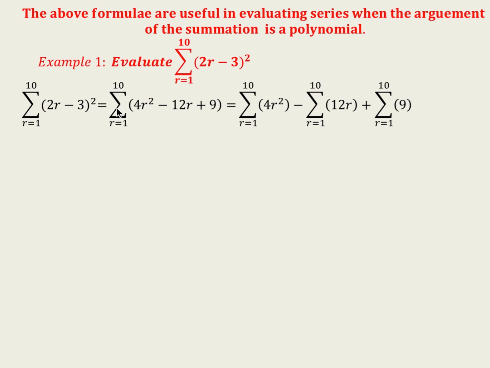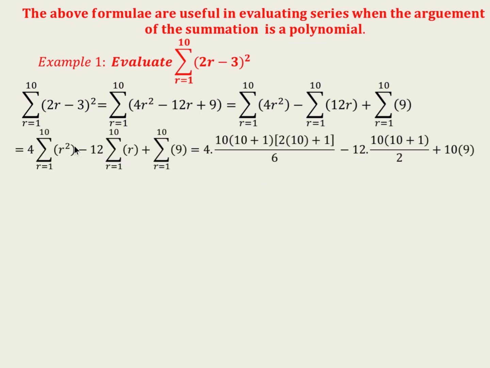And so we'll distribute the sigma notation to each of these terms so that we get summation from r equals 1 to 10 of 4r squared minus summation from r equals 1 to 10 of 12r plus summation from r equals 1 to 10 of 9. And again, one of the properties says if there is a constant term multiplying the summand, you can factor it out of the sigma notation.